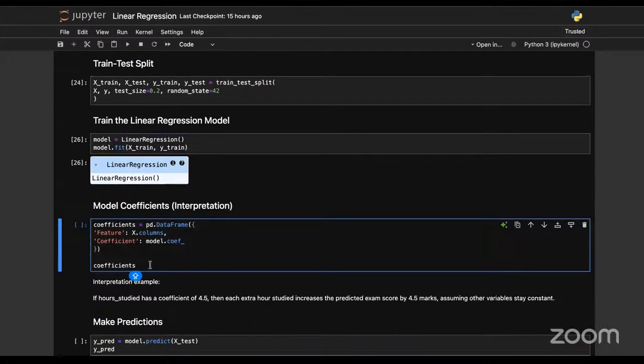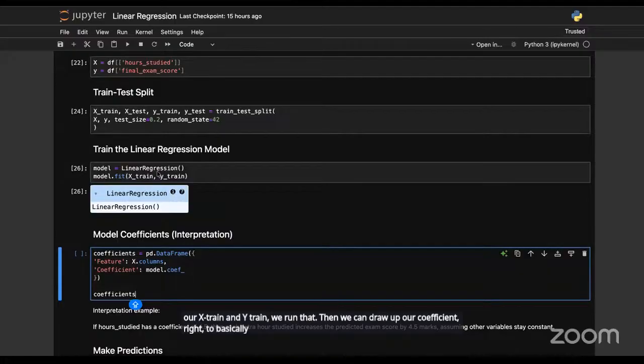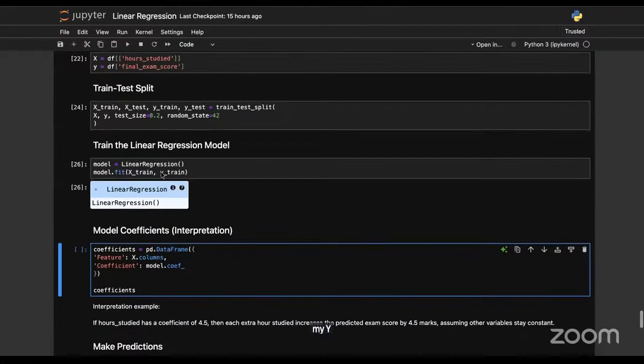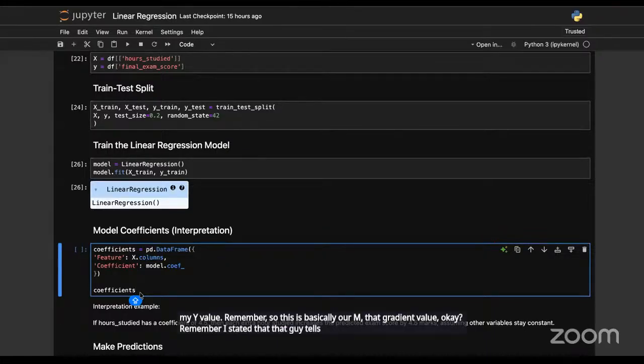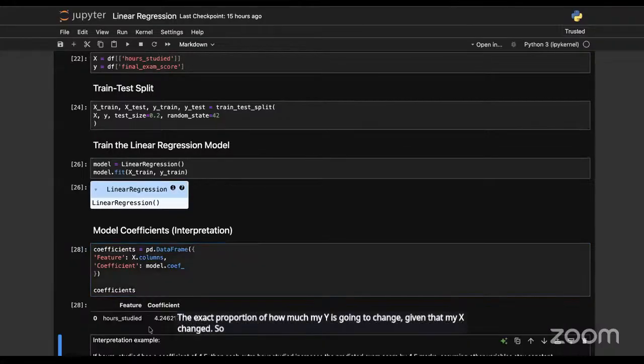Then we can draw up our coefficient to interpret how much that X value affects my Y value. Remember, this is basically our M, that gradient value. I stated that it tells you the exact proportion of how much my Y is going to change given that my X changed. So if we run that, we see our M is equal to 4.2.